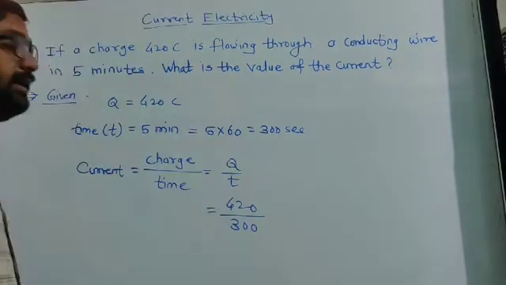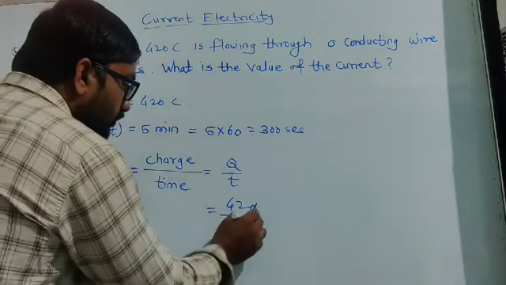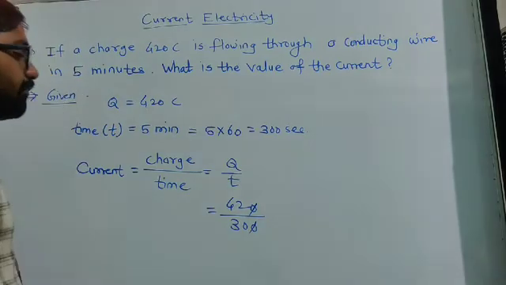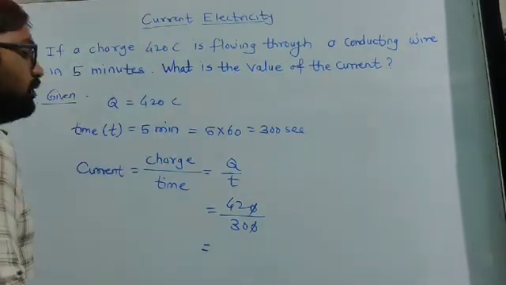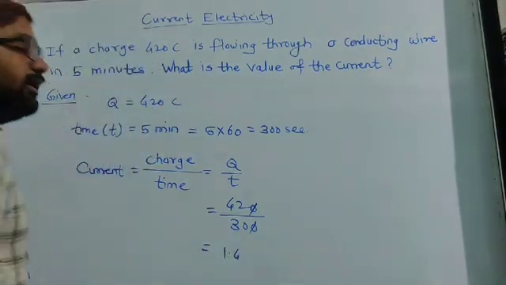Q divided by T is the formula of current. Here the zero will cancel, so the remaining is 42 divided by 30, which gives 1.4.